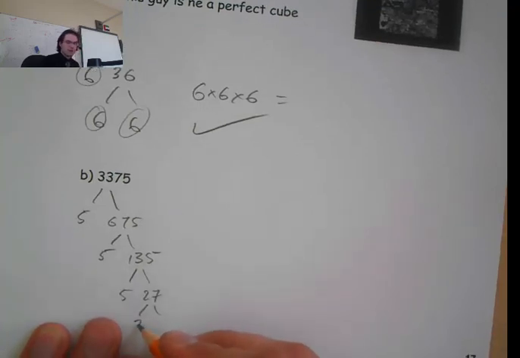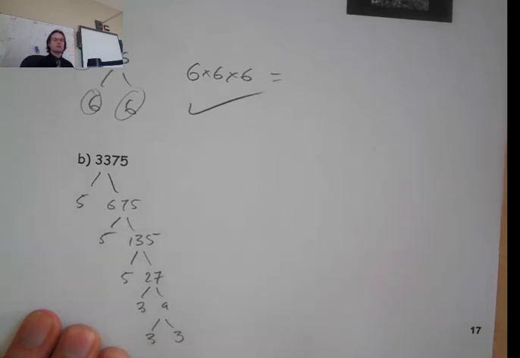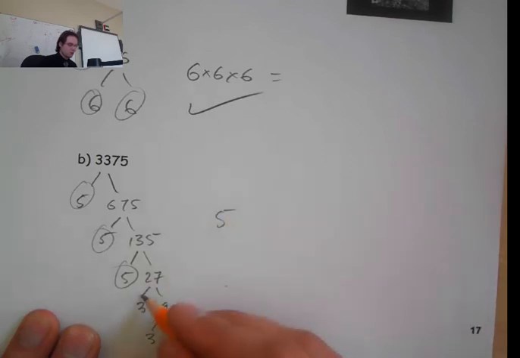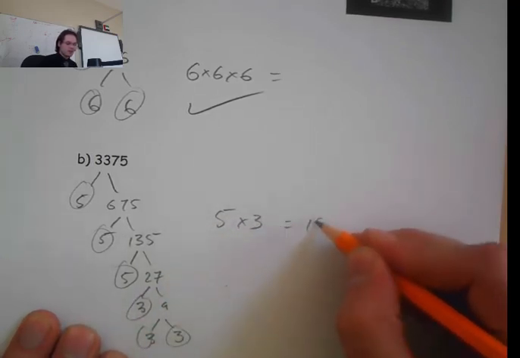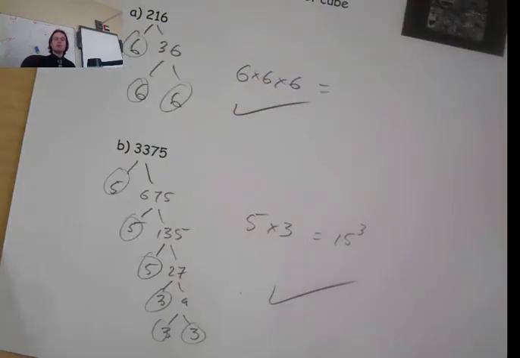And 27 is 3 by 9, which is 3 by 3. So I look at this, I have 1, 2, 3 5s. And I have 1, 2, 3 3s. So this is the same as 15 to the power of 3. So this is a perfect cube as well. And that's how we do those.